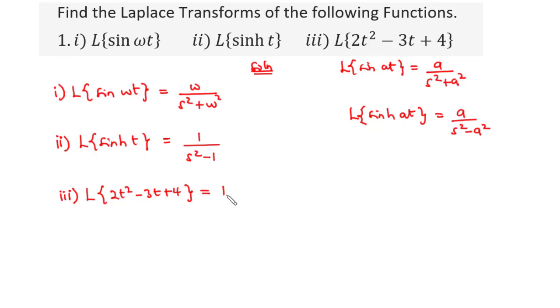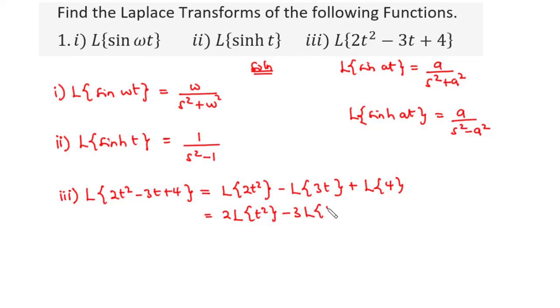We can have the Laplace transform of 2t square minus the Laplace transform of 3t plus the Laplace transform of 4. Now because 2, 3, and 4 are all constants, we can pull out the constants so that we have 2 times the Laplace transform of t square minus 3 times the Laplace transform of t plus 4 times the Laplace transform of 1.